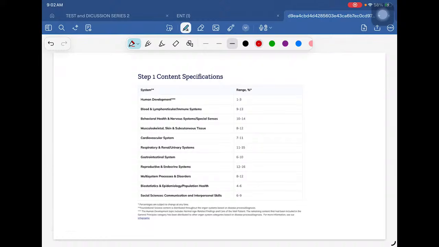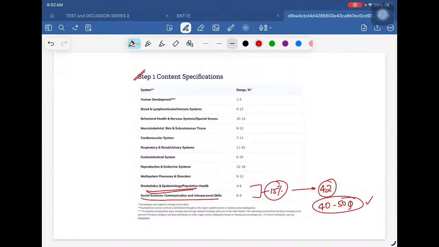What is so special about behavioral science? If you see the Step 1 content specifications, behavioral science and ethics together comprise nearly 15% of the questions. 15% of the Step 1 questions is approximately 42 or 43, so around 40 to 50 questions you will get from ethics alone on your final examination.